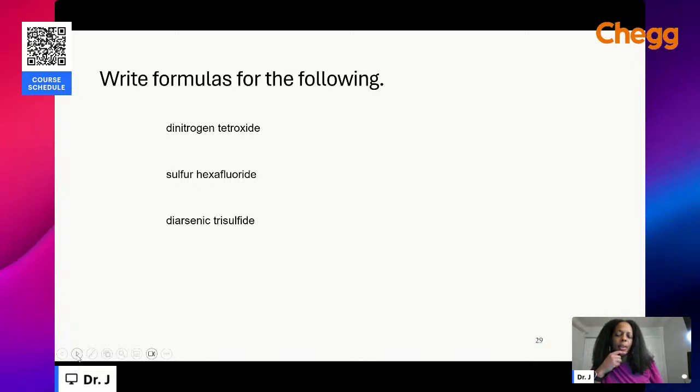Because again, remember the di is telling me how many nitrogens we have. Tetra is telling me how many oxygens we have. Perfect, Tree do on TikTok. That is N2O4. Perfect.